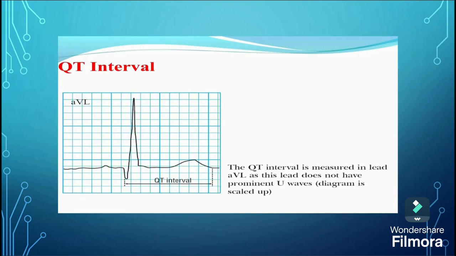Now QT interval. So this is your QT interval. QT interval is measured in lead AVL as this lead does not have prominent U wave. Remember, QT interval is measured in lead AVL.